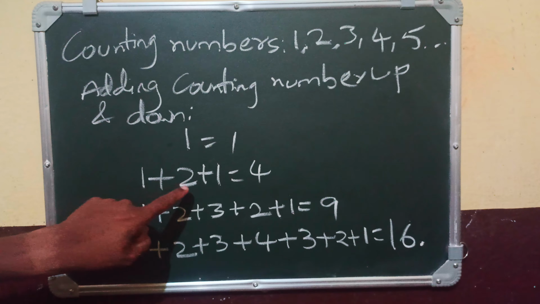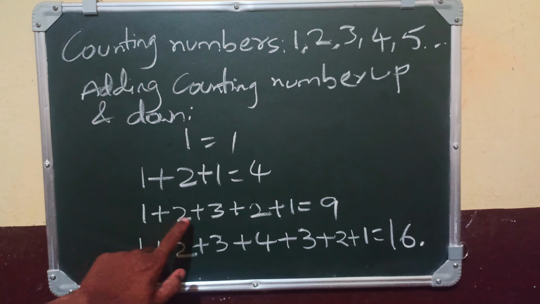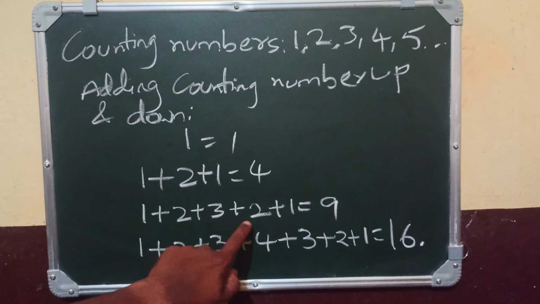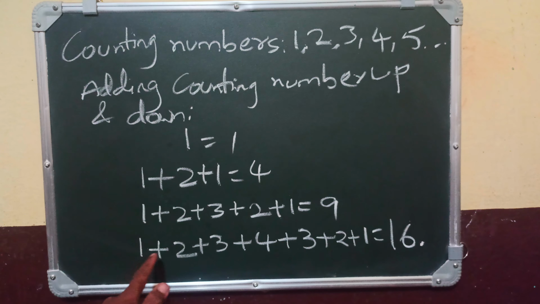Like this, you add any counting number up to the next number and come back to the previous number. 1 plus 2 and come back to 1, we get 4. Next, 1 plus 2 plus 3 plus 2 plus 1, you get 9. Next, 1 plus 2 plus 3 plus 4, again coming back. There is one more method we can identify easily: take the highest number in the step.